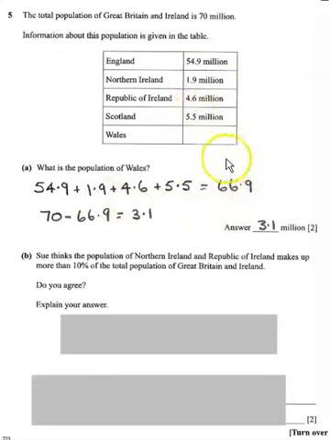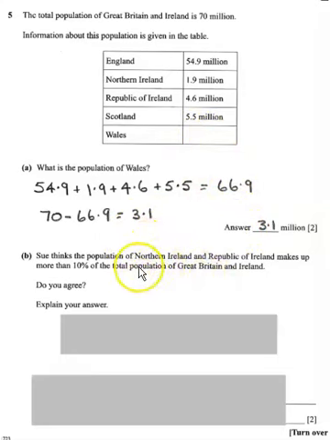When added together, we give you 66.9. Now, because all of these together would add up to 70, we've got 70 take away 66.9, and we've got 3.1 as the answer that's missing there. So 3.1 million would be the answer.